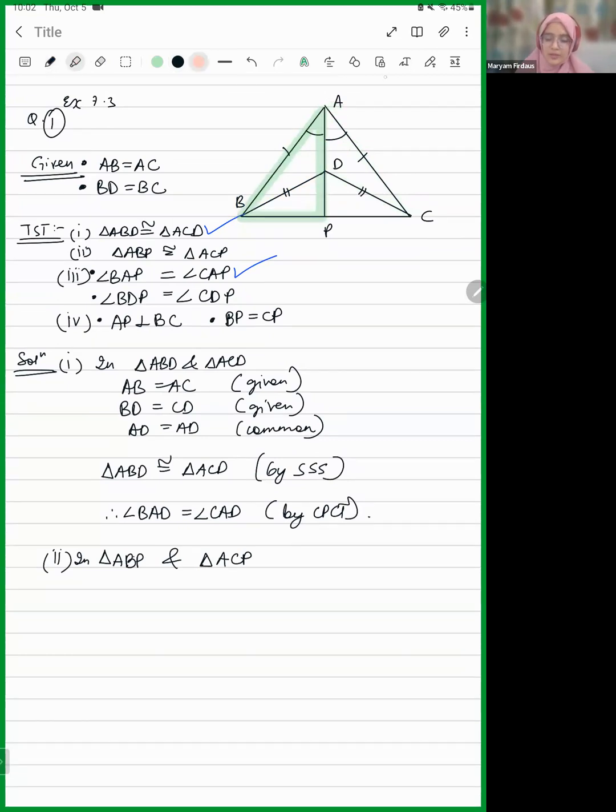Then BP is common. No, sorry, AP. AP is equal to AP, common. Then what else?